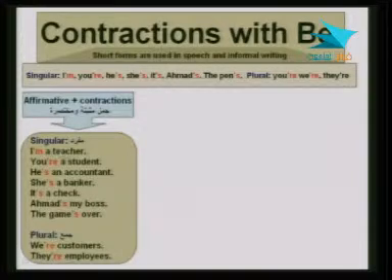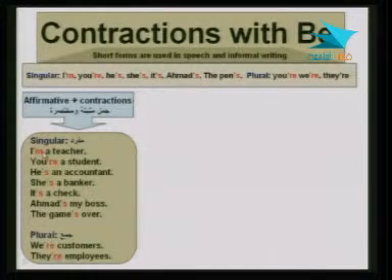Again, I'm a teacher. You're a student. He's an accountant. She's a banker. It's a check. Ahmed is my boss. The game is over. These are all singular sentences. Plural: they're employees. Look at the contractions here, the short forms of the verb.